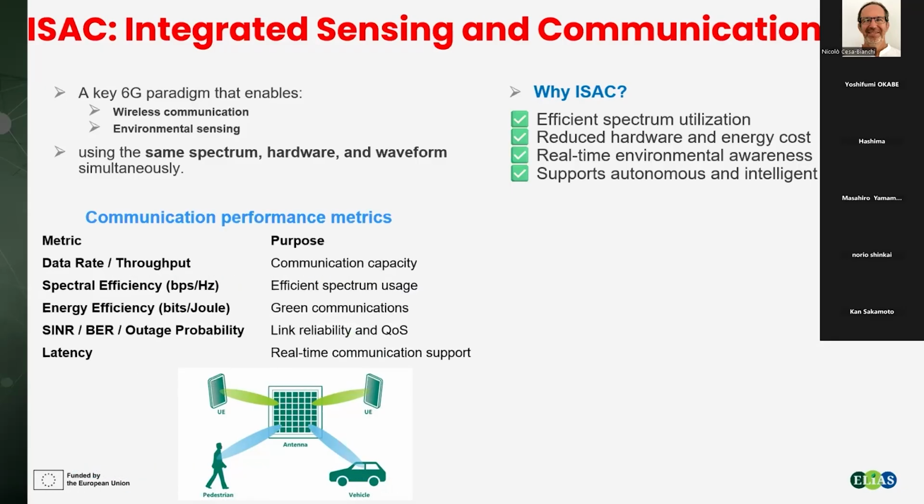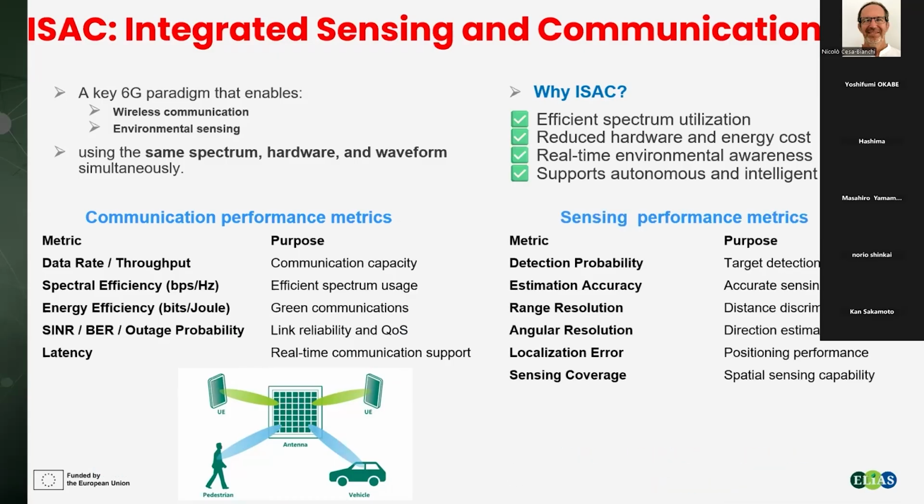For the communication performance metrics, we have the rate, spectral efficiency, energy efficiency, SINR, signal to interference plus noise ratio, bit error rate, outage probability, and the latency, which is the delay of the round trip of the signal.